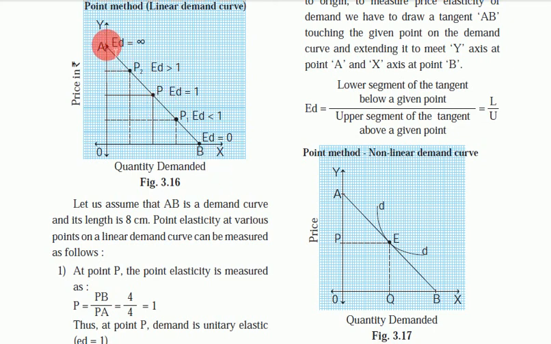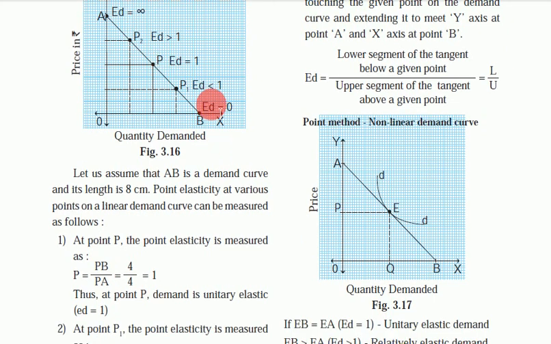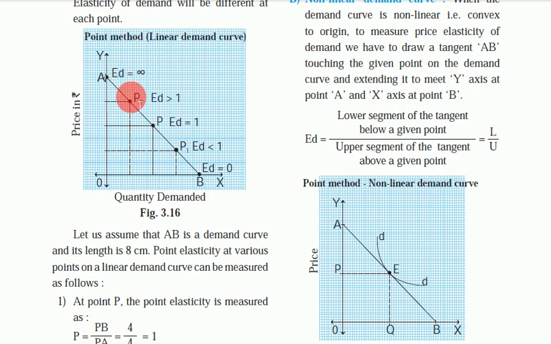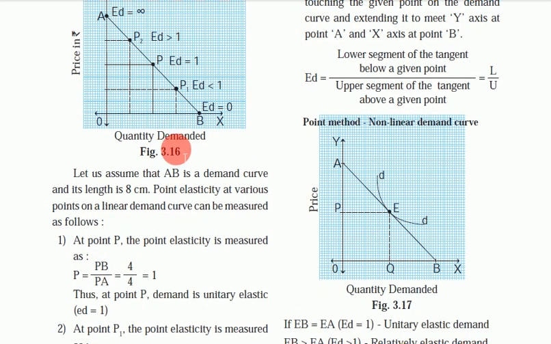P1B upon P1A is equal to, here P1B will be 2 and P1A will be 6. Here we have taken the same difference of 2, that is AP2, P2 to P, P to P1 is 2, and P1 to B is 2.